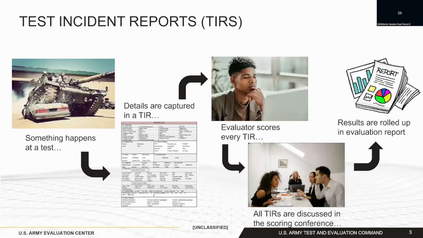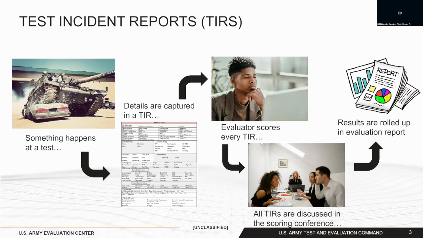So at every test event, most every test event, there are data collectors out in the field who are collecting events that happen during the testing. So this could be failures, it could be maintenance actions, it could be basic inventories, or anything of any significance is captured in a test incident report, whether it's a failure or not.